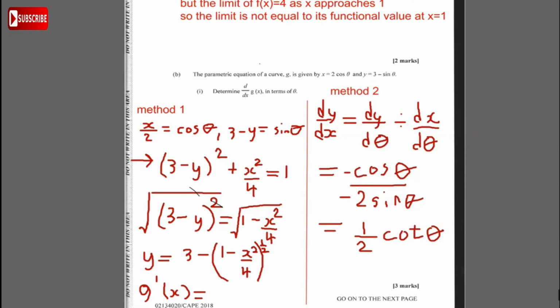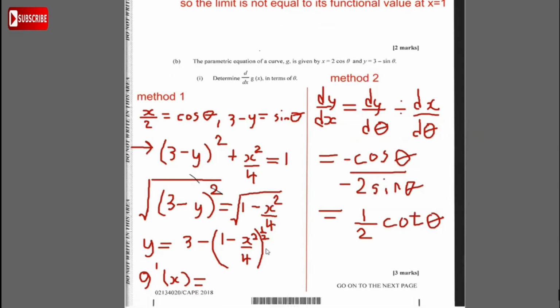What I want you to do now, can I make a little bit more space? Differentiating this, you carry down the power to get a half. You subtract 1 from the power.